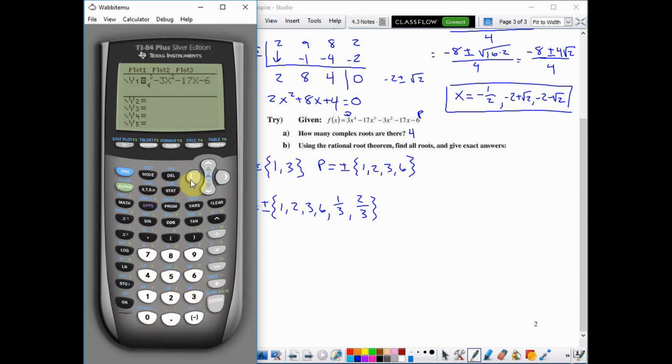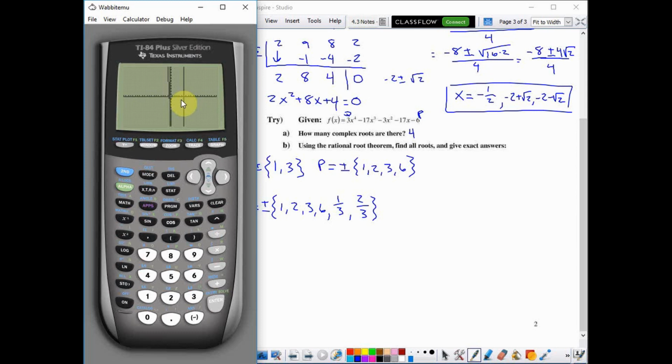I started looking at the equation up above, so I better double check this. 3x to the 4th minus 17x cubed minus 3x squared minus 17x minus 6 should be good. So there's my graph. I only see 2 possibilities.